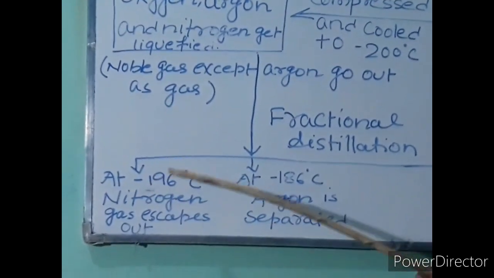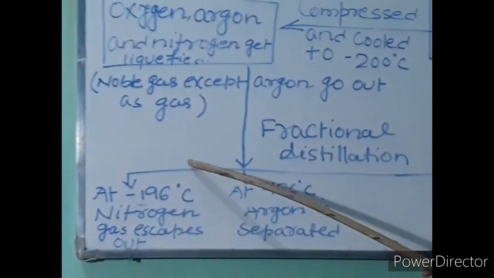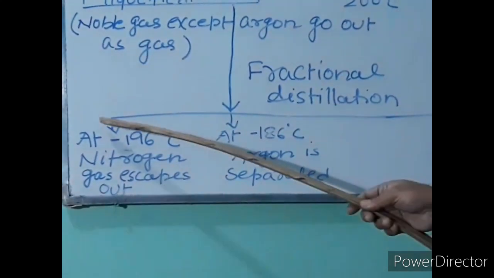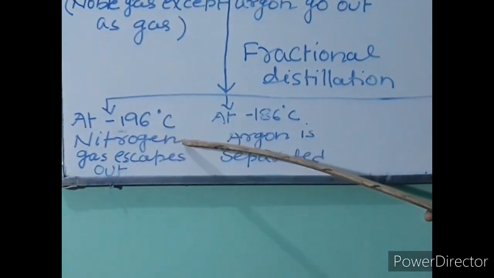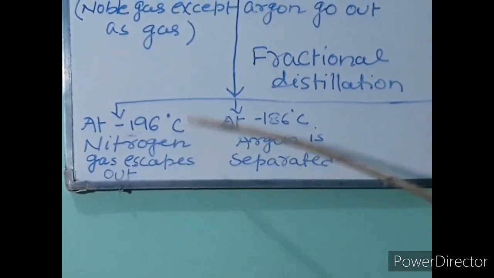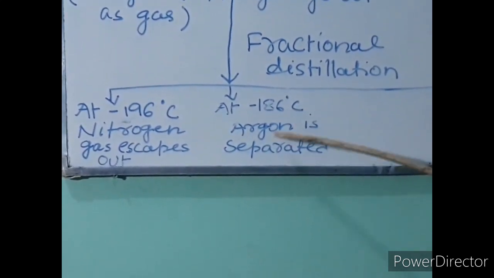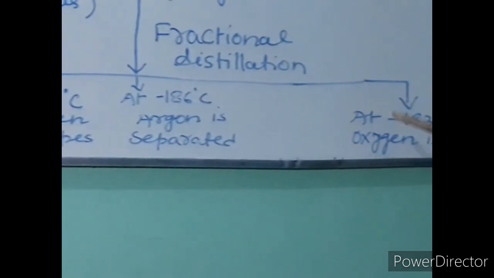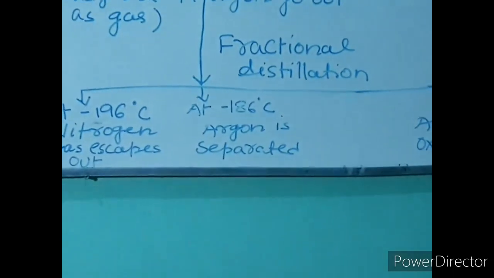At minus 196 degrees Celsius, nitrogen is separated out. At minus 186 degrees Celsius argon is separated, and at minus 183 degrees Celsius oxygen is separated.